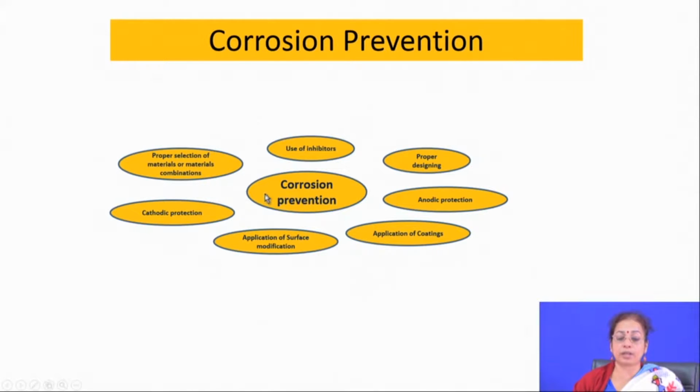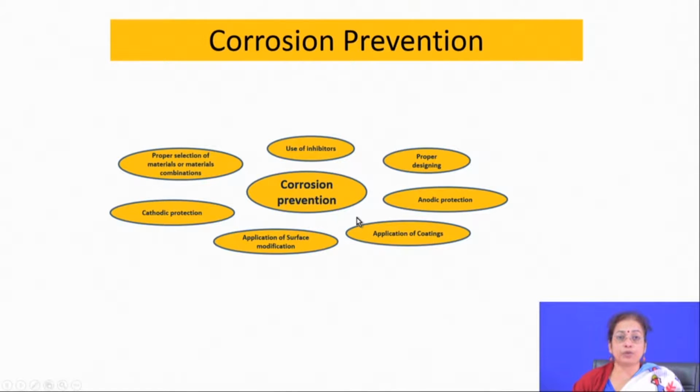Aqueous corrosion based problems can be circumvented or reduced by a choice of proper materials, by the application of cathodic protection, by the application of anodic protection, by the application of inhibitors where you change the environment, by proper designing of the component, and by application of surface modification and coating techniques.